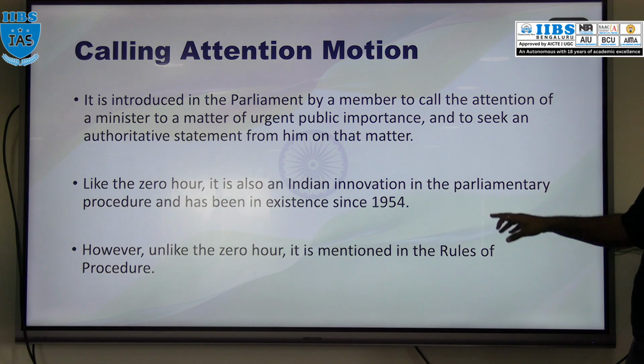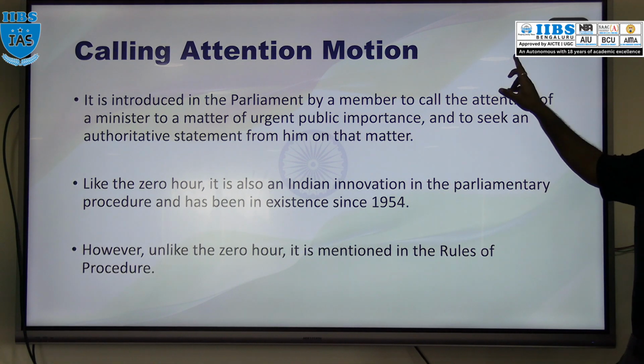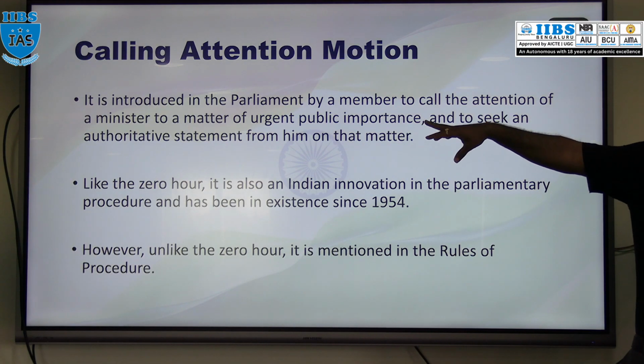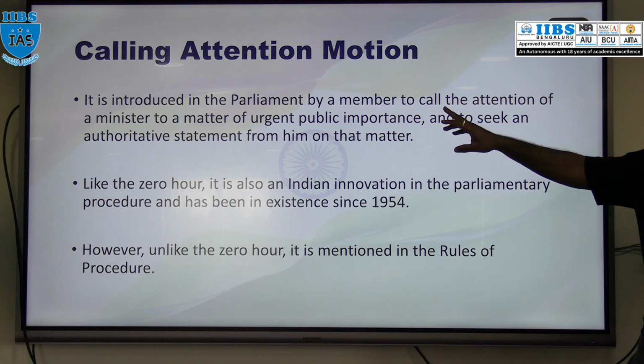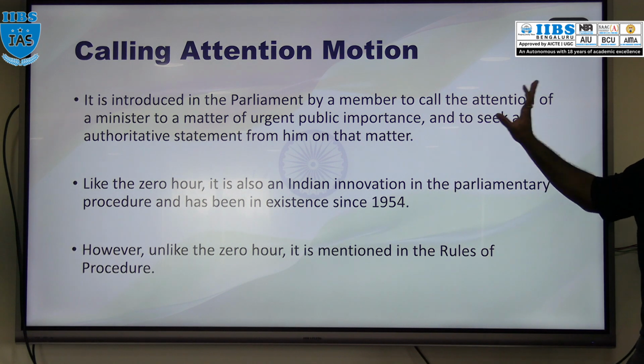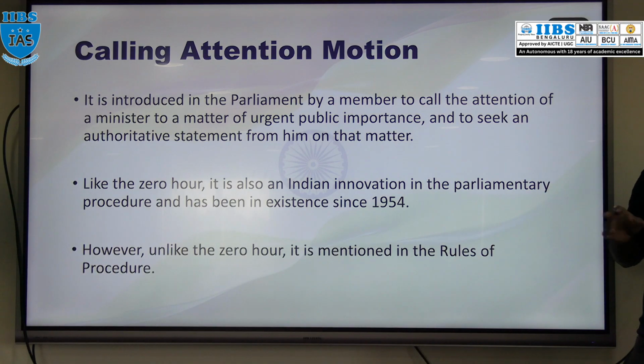Why has this motion been moved? To gain the attention of the minister, for the matter of urgent public importance, so that information can be sought from that minister.